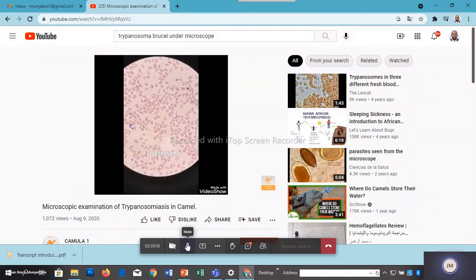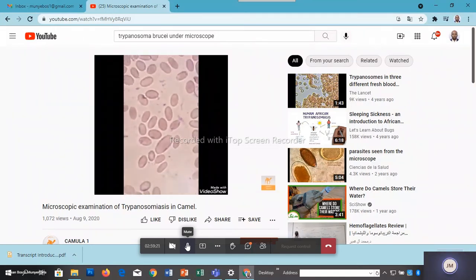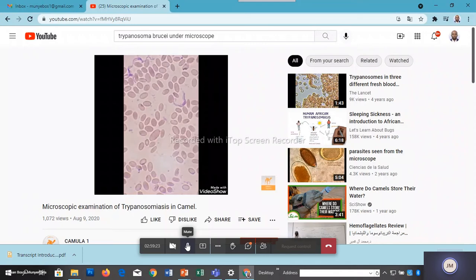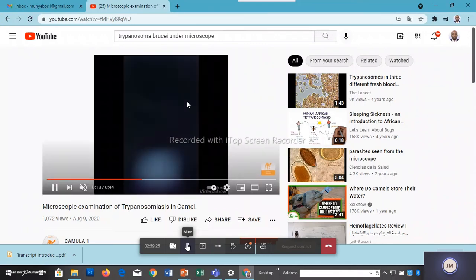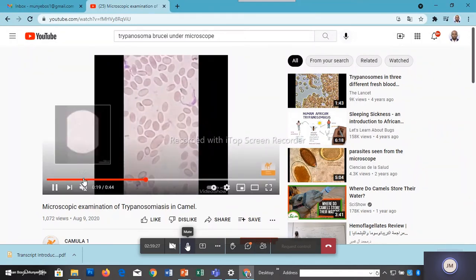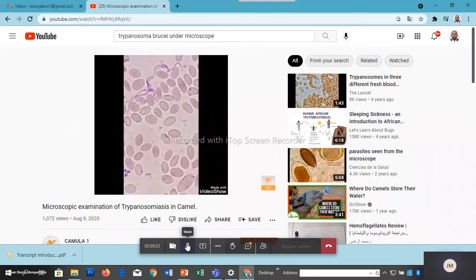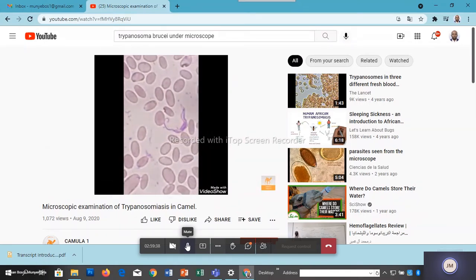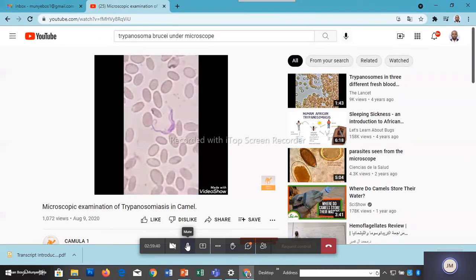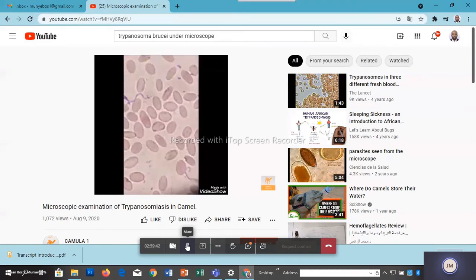Cryptosporidium is an intestinal protozoan, but this one is a blood protozoan. In addition, Cryptosporidium is among the apicomplexan parasites.